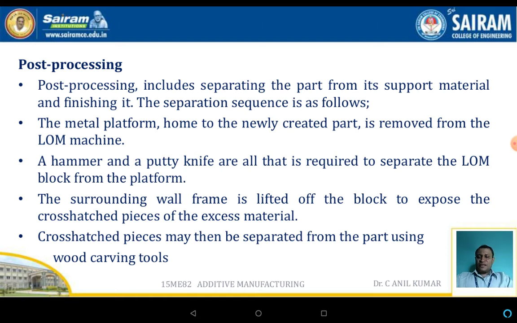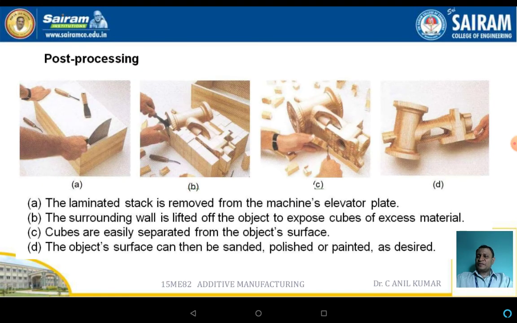Hammer and knives are used to separate the LOM block from the platform. The surrounding wall frame is lifted off the block to expose the cross hatched pieces of the excess material. The cross hatched pieces may then be separated from the part using wood carving tools, such as chisels.